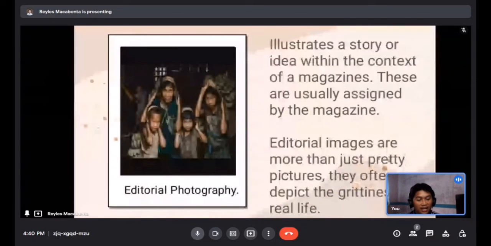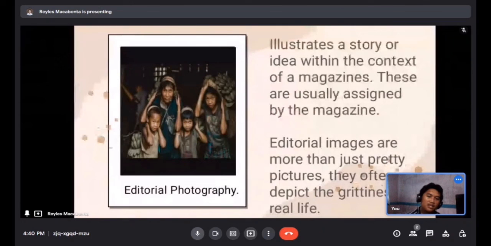So it's their living, it's their real life, their source of living. So that was editorial photography.